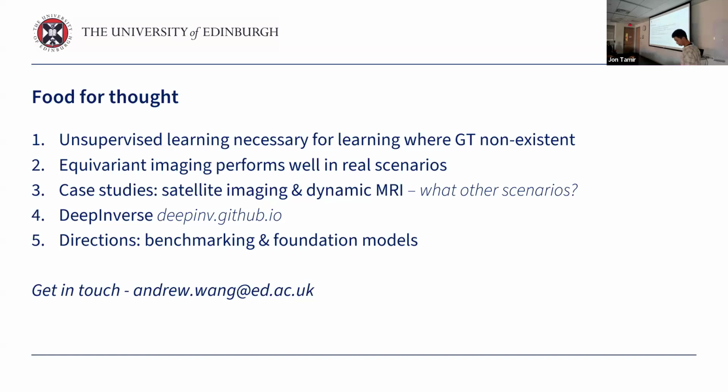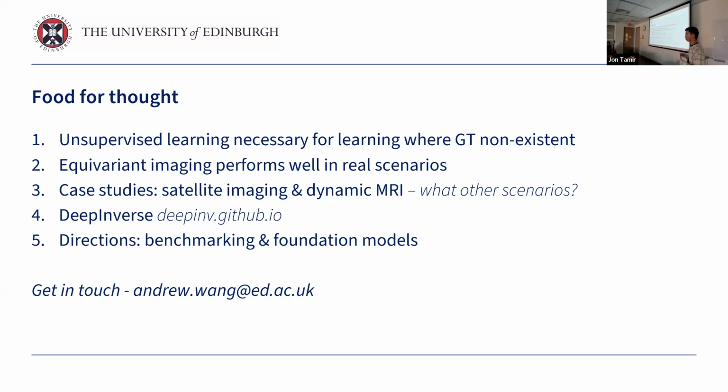So in conclusion, I presented to you what an imaging inverse problem is and why we need unsupervised learning, so learning without ground truth. Why this particular set of loss functions, called equivariant imaging, performs well in certain scenarios, which are real-world scenarios with real data, which we've tested on two examples, including using real data.